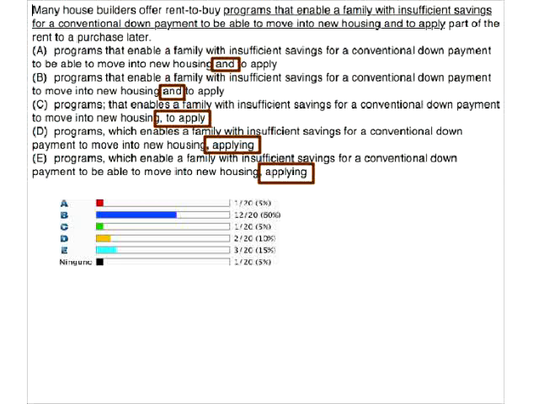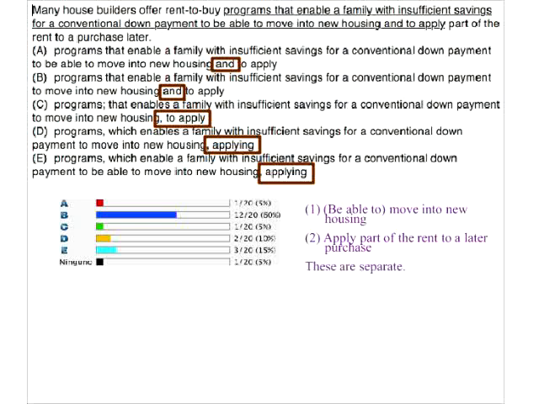And then the other idea is to apply part of the rent to a later purchase. So these are separate. You can't reasonably claim that one of these is dependent on the other one. Because one of them is they can move in right away. And the other one is, after they've been there for a while and paying rent.